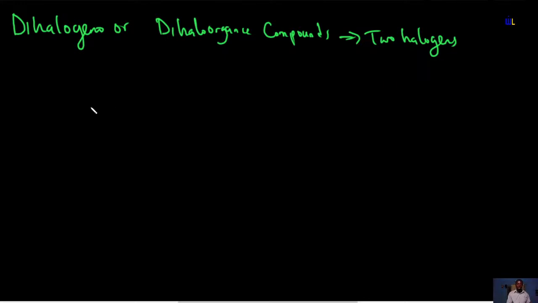They have to be the same halogens for you to use this principle I'm about to apply. Now listen, in dihalogeno, the important forms of dihalogeno compounds that you can have are your geminal dihalides and your vicinal dihalides.